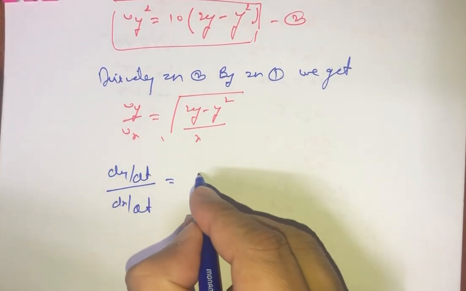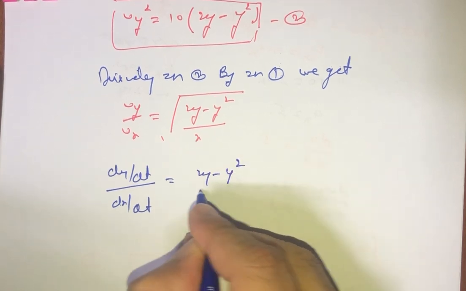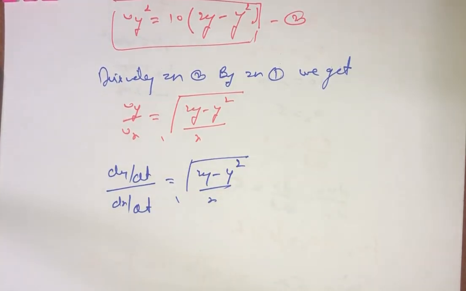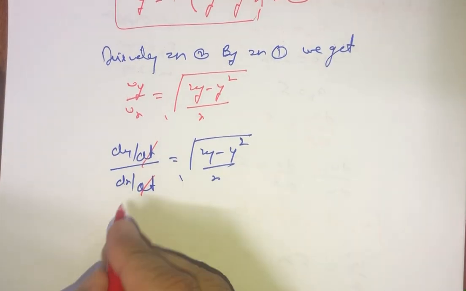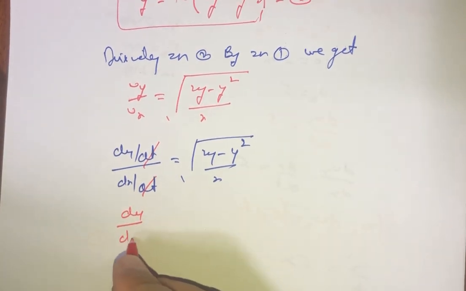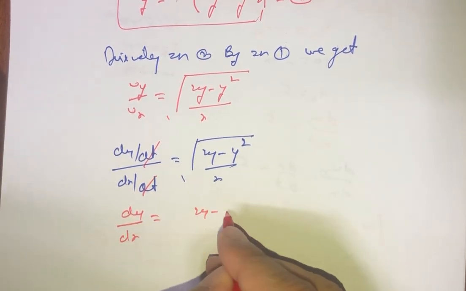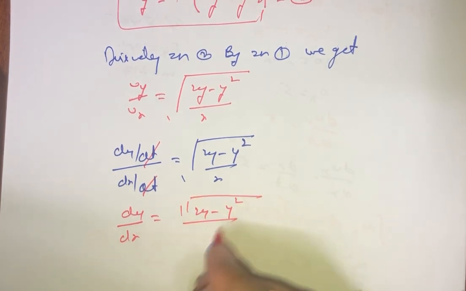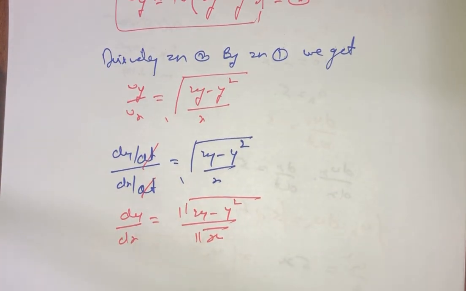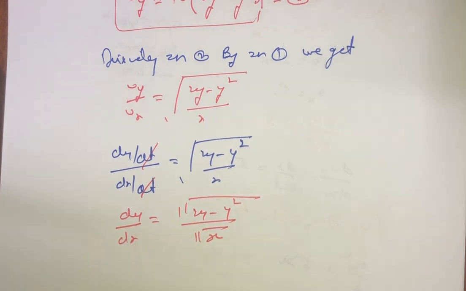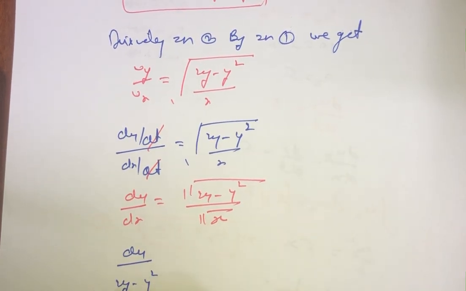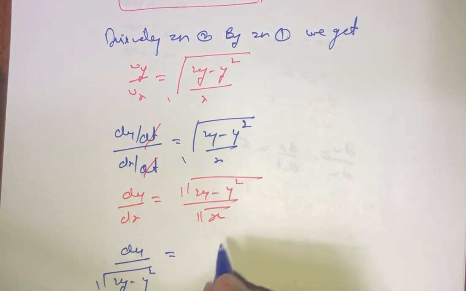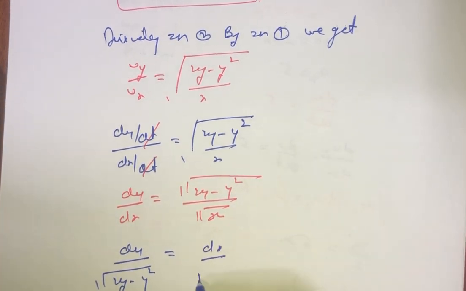So dt cancels out. So further we can write dy by dx is equal to square root of 2y minus y square divided by square root of x. We separate the variables: dy divided by square root of 2y minus y square is equal to dx divided by square root of x.